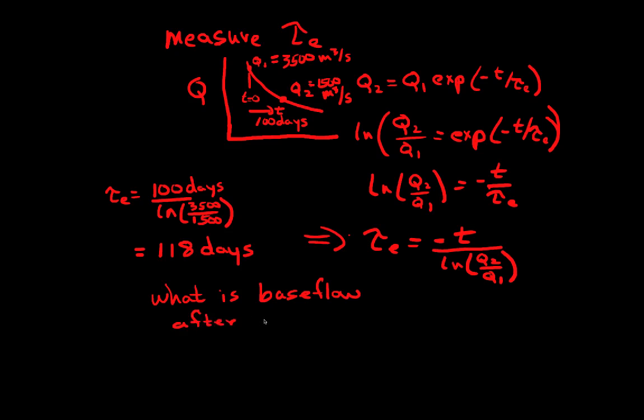What is the base flow after 150 days? If you can get the right answer, then you're understanding what we're doing so far. So let's move on now. I'm going to wipe the page and start fresh.